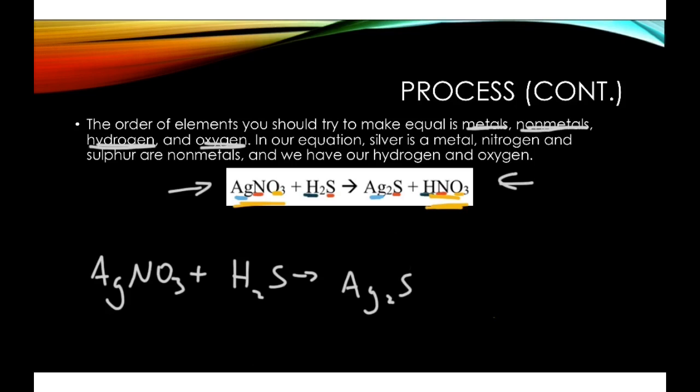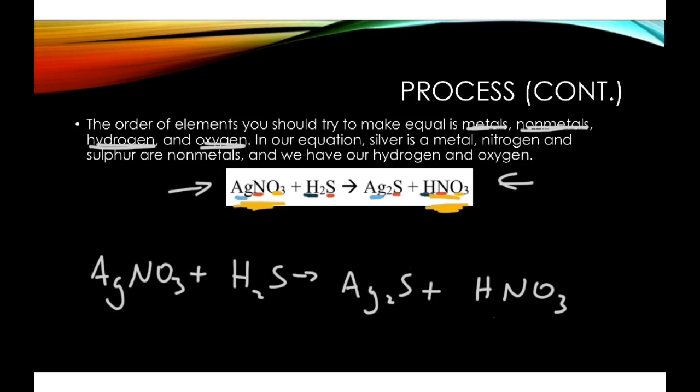And HNO3. So what I did when I erased what we had written is I underlined the AgNO3 here and the HNO3 just so I could remember which ones I changed.